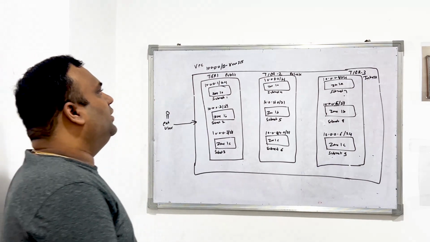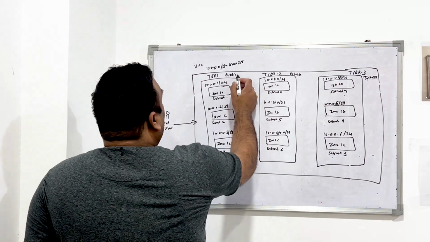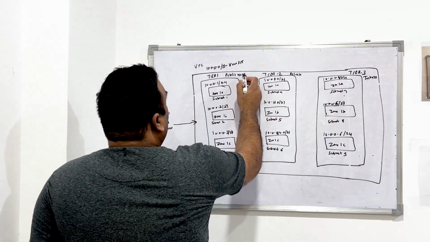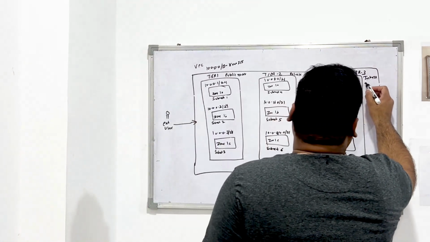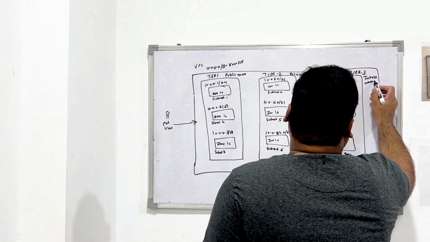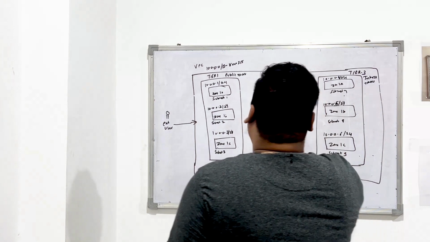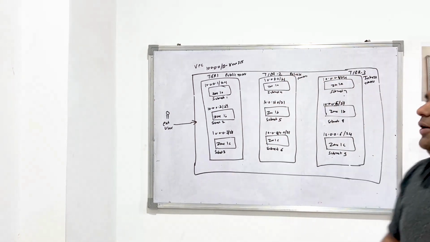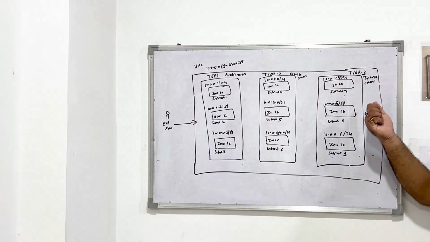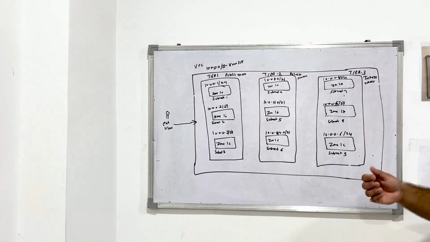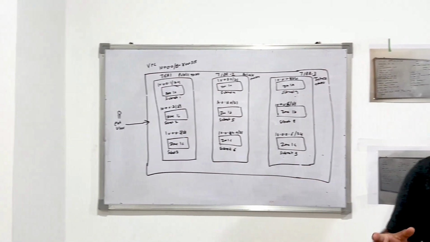So how will I divide it? For example, I give 750 IPs to my tier 1, 750 IPs to my tier 3, and maybe 6000 IPs to my tier 2. Now you can see in tier 3, I have the intra subnets, where I'll be having databases and Redis.